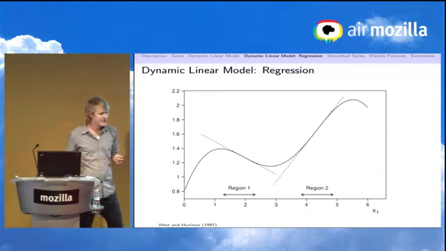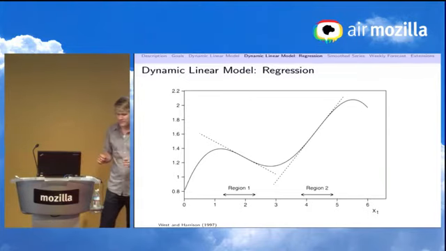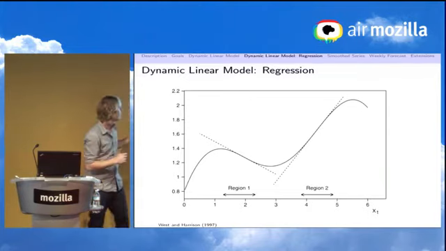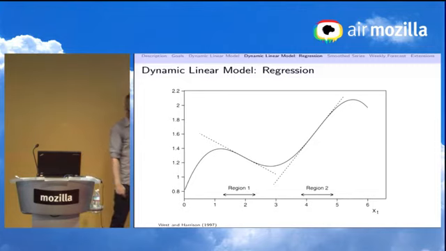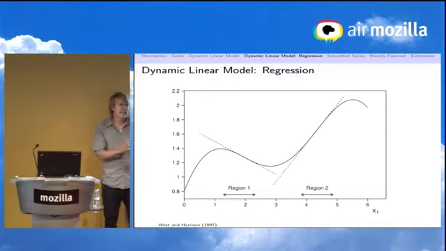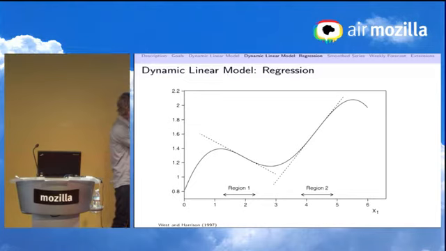And the reason why this is a neat little idea is that if the solid black line here is the true trend, and the x-axis is some covariate that we have, we can see that it changes with respect to the covariate. In any small region, like region 1, a line will fit the curve very well.